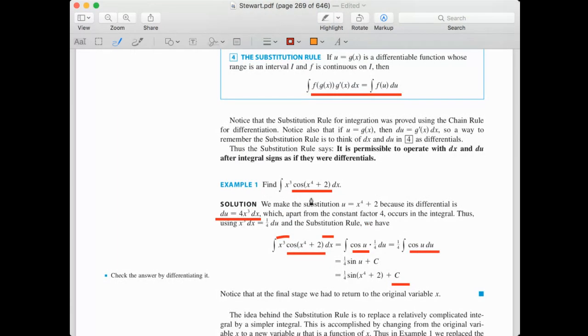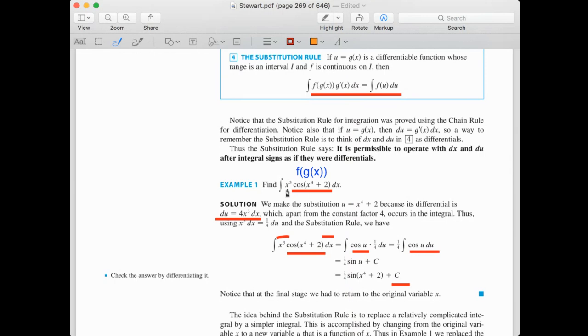All right, so basically, in the integral we're trying to find f of g. We try to find a composition of functions. In this case, we see f is cosine, g is x raised to the 4 plus 2, and this is part of g prime. g prime is 4x cubed.